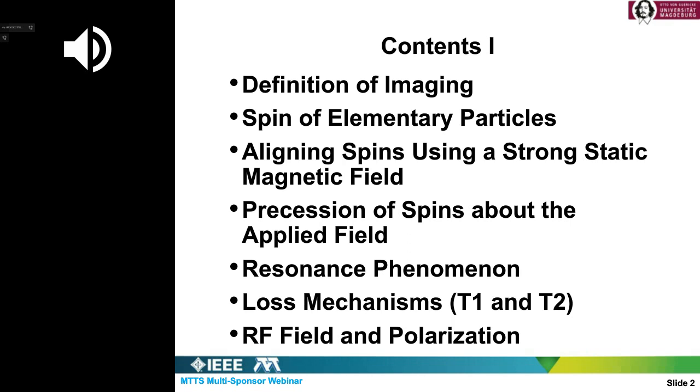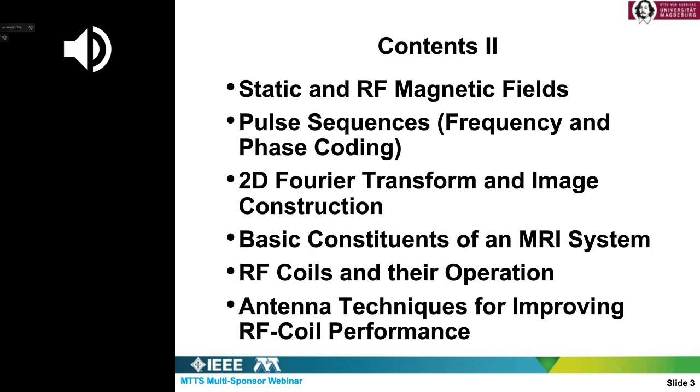Moving to the role of the RF field and polarization. Then we distinguish between two types of magnetic fields involved in the process. I will show you the pulse sequence for constructing the image, and how, after collecting data, we can make use of the two-dimensional Fourier transform to reconstruct the image.